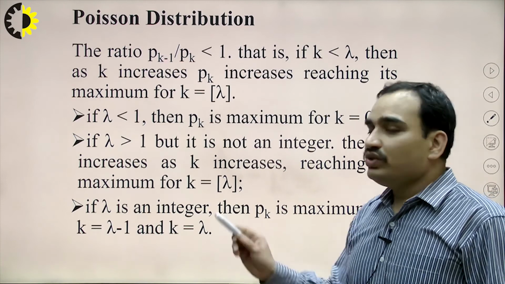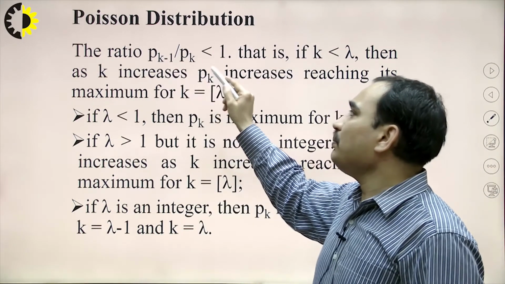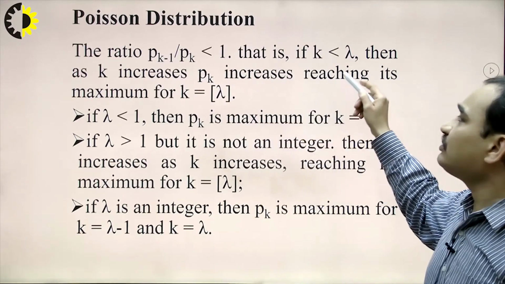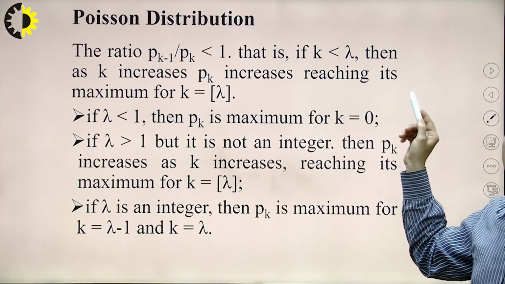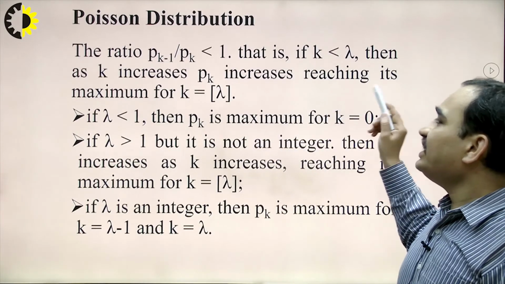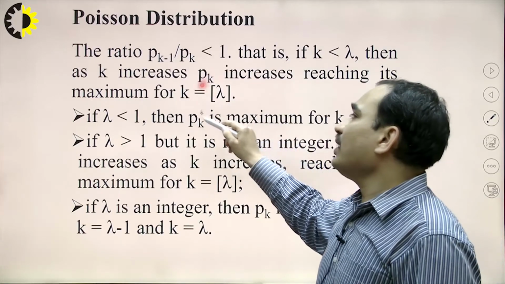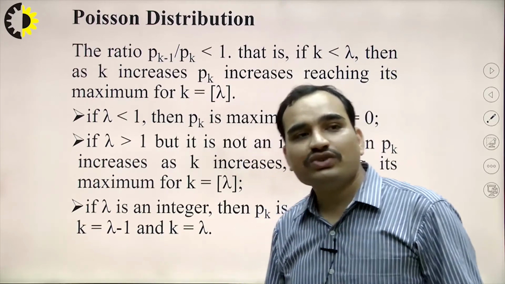So the ratio pk minus 1 by pk, which we have discussed in the previous slide, is less than 1 for k less than lambda. Then as k increases, pk increases, reaching its maximum for k equals to lambda.